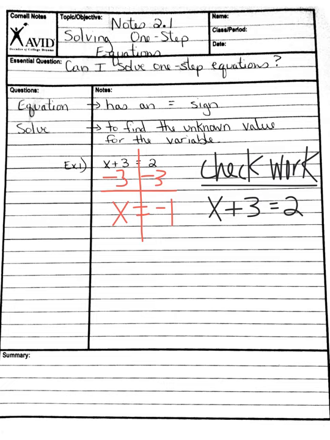The next thing we're going to do is we're actually going to substitute. We are going to plug in the answer that we got. We got x equals negative 1. So we are going to plug in a negative 1 where the x value is. And we are simply going to take care of our addition here. On the left side, negative 1 plus 3 is 2.